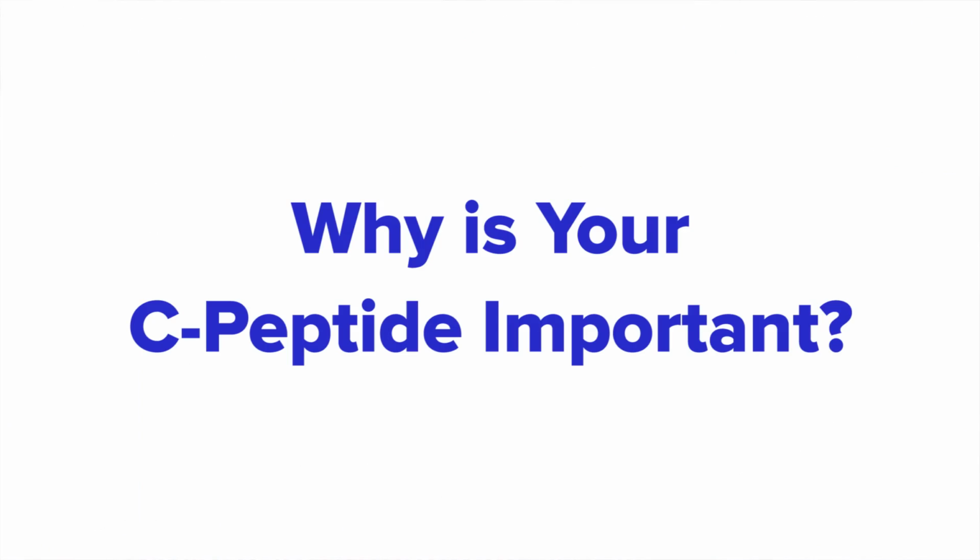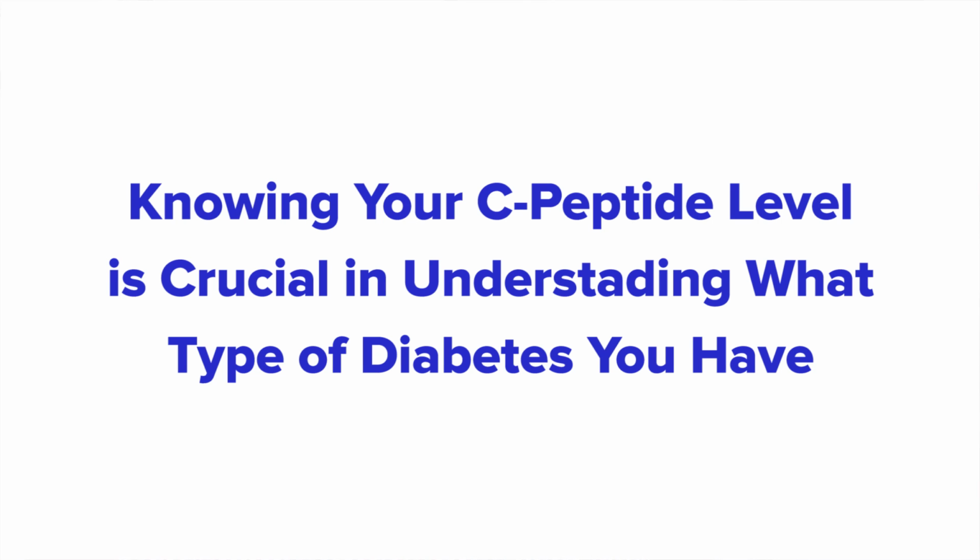Why is your C-Peptide important? Because C-Peptide is directly related to your insulin production, understanding whether beta cells are capable of secreting sufficient amounts of insulin to meet your body's metabolic needs is an absolutely crucial piece of information. In fact, understanding your C-Peptide value is so important that researchers believe it to be the most suitable measurement for assessing endogenous insulin secretion. Therefore, knowing your C-Peptide level is crucial in understanding what type of diabetes you have.